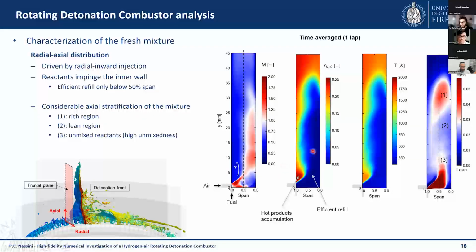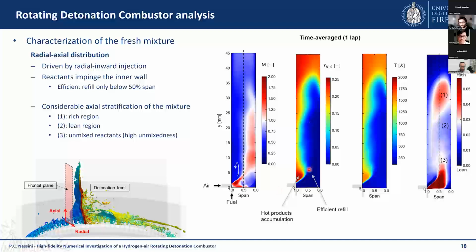This region, if we see, for instance, the water mass fraction, or also the temperature, is associated to a hot products accumulation, and also hot temperatures in this region, which are settling because of the flow field.